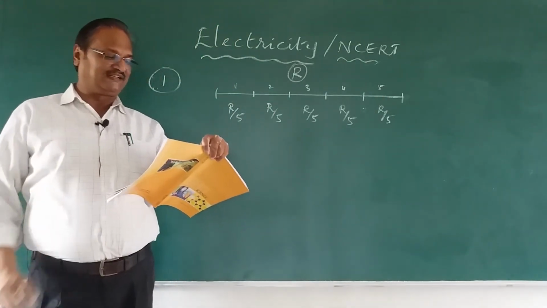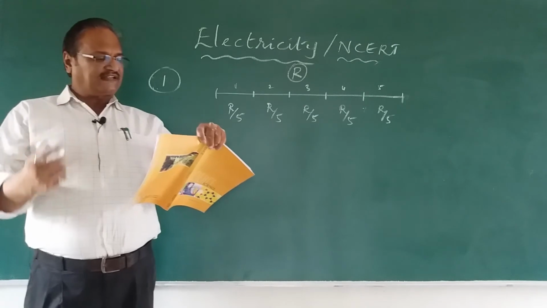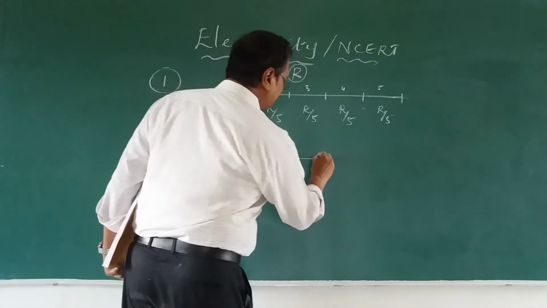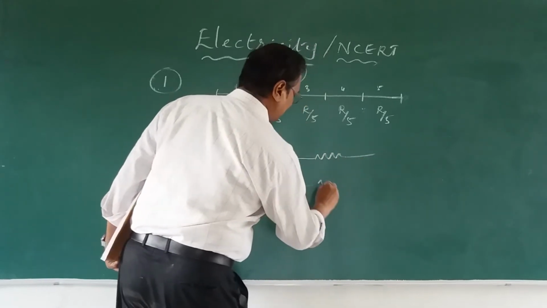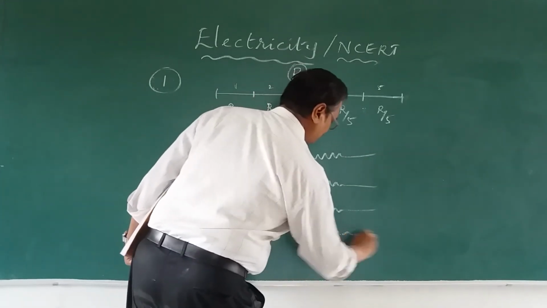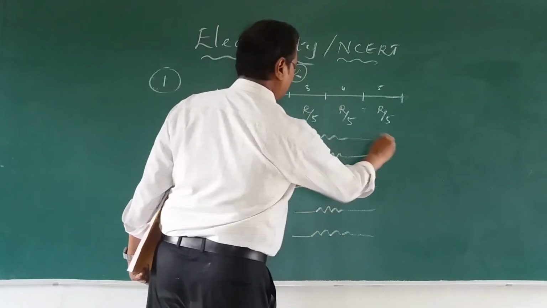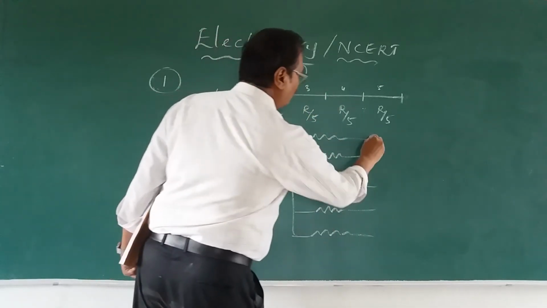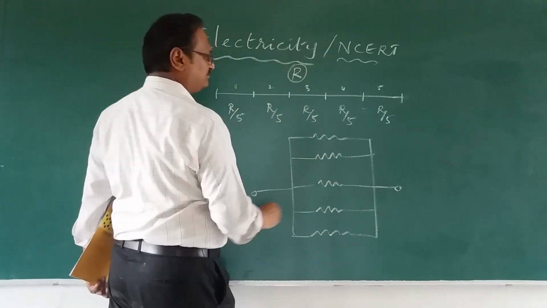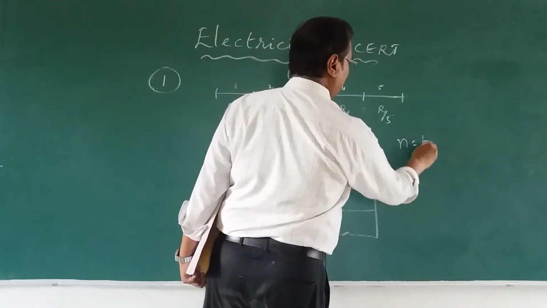5 parts are there. These parts are then connected in parallel. We are going to connect each part in parallel. How many parts are there? 5.